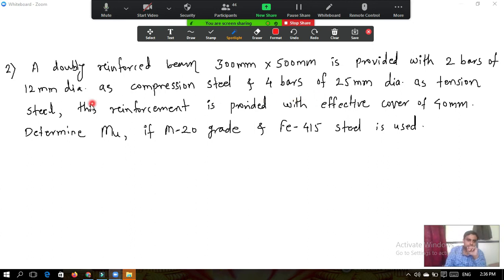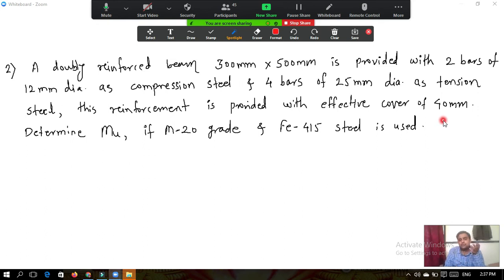Now this reinforcement is provided with an effective cover of 40 mm. Now see here what they have given. They have not specified where this effective cover is given, in the tension zone or in the compression zone. So if they have not specified, we will assume this effective cover for both zones.